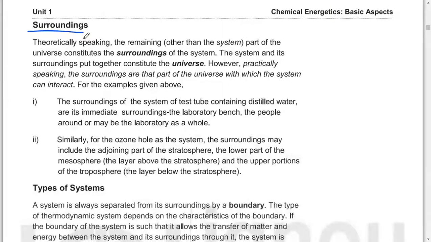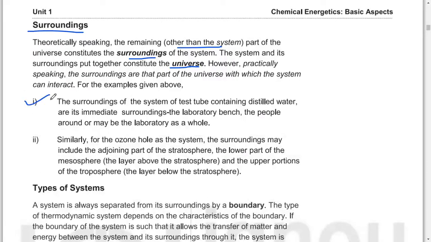Surroundings. Theoretically speaking, the remaining part of the universe other than the system constitutes the surroundings of the system. The system and its surroundings put together constitute the universe. However, practically speaking, the surroundings are the part of the universe with which the system can interact. For the example given above, 1.